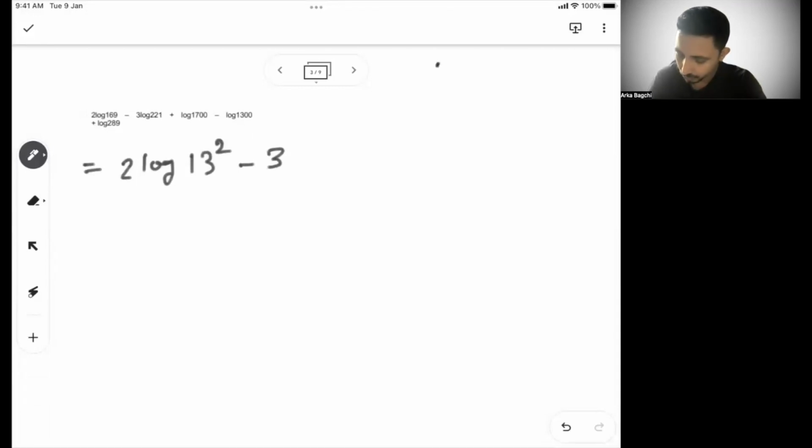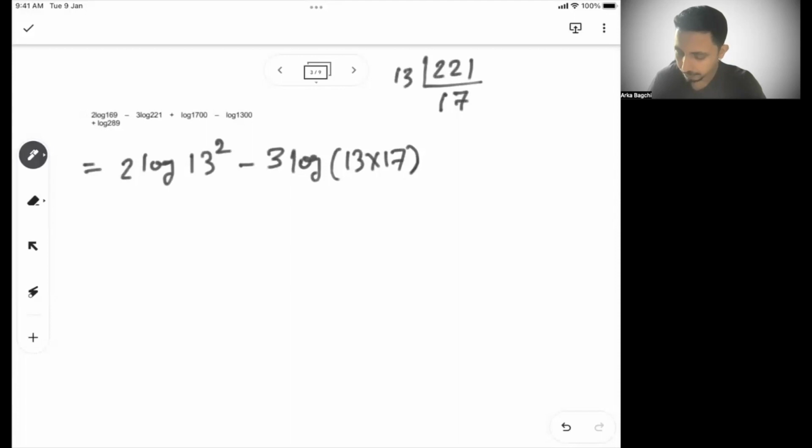Now, what is 221? If I further divide, is this a prime number? With 7, it doesn't go. 11, it doesn't work. Let's say with 13. 13 times 17 is 221. So 3 log of 221 I can write as 13 into 17.